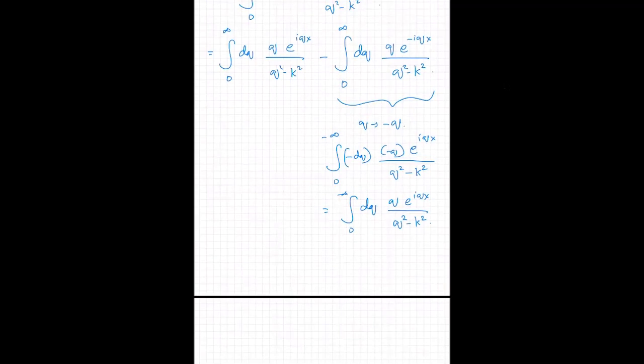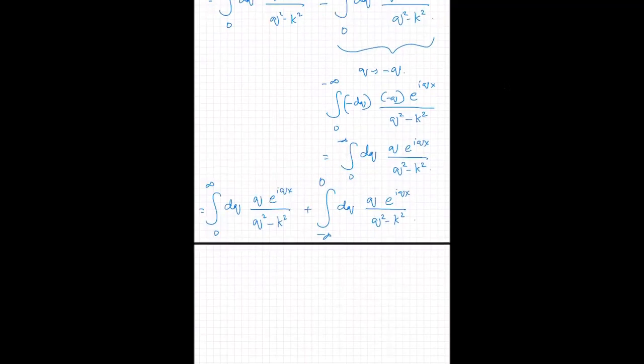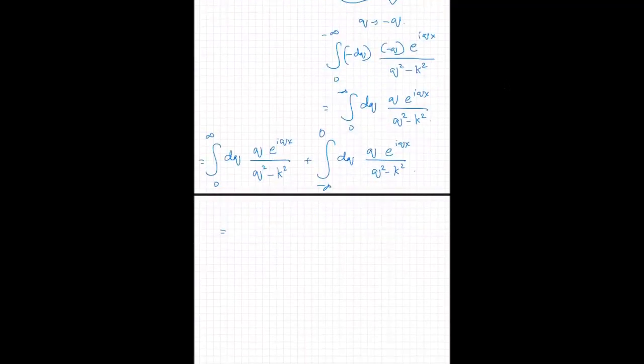So if I do this, I can write these two integrations as the first one I will keep as such, dq q e to the iqx over q square minus k square. The second one becomes plus minus infinity to 0 dq q e to the iqx over q square minus k square. And now if you stare at these two integrands, you will see that they are the exact same things. So I can simply combine these two integrations into one integration from minus infinity to plus infinity.